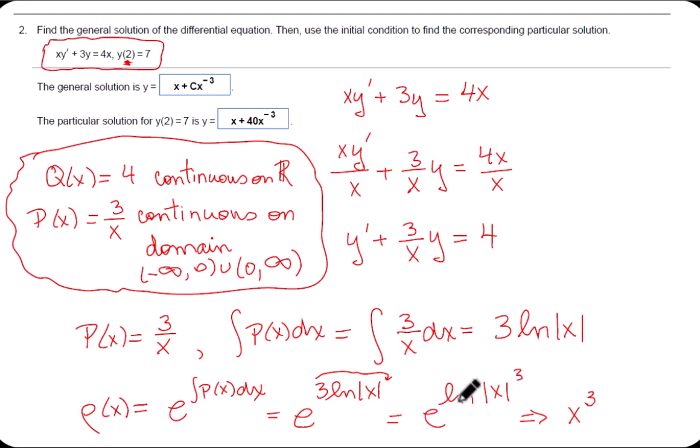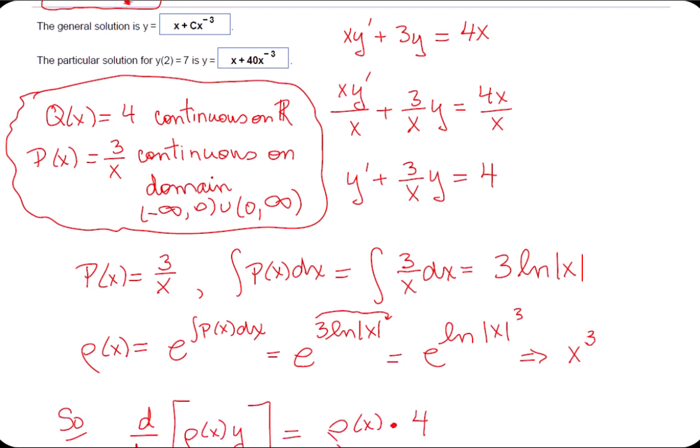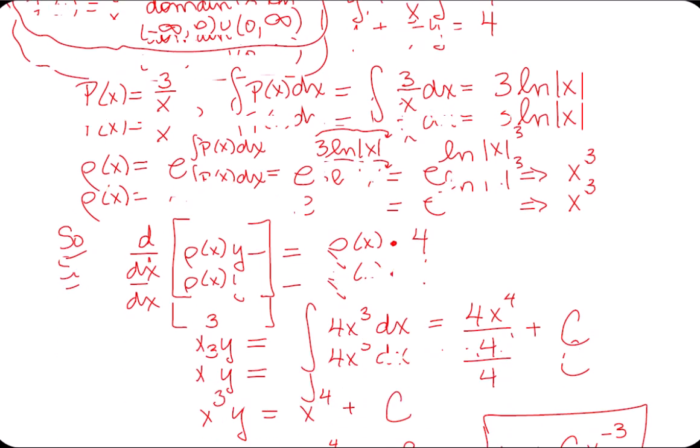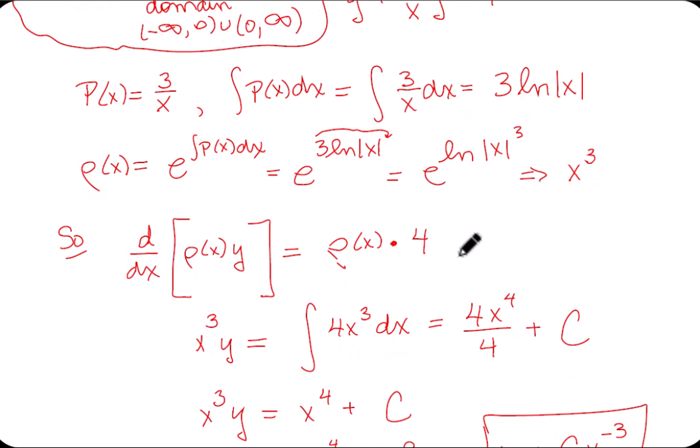Because e and ln are inverse functions, I get x cubed back. So I'm going to multiply both sides by my integrating factor, which is x cubed. Integrate both sides, so I'm integrating 4x cubed, which is easy. That's 4x to the 4th over 4 plus c.